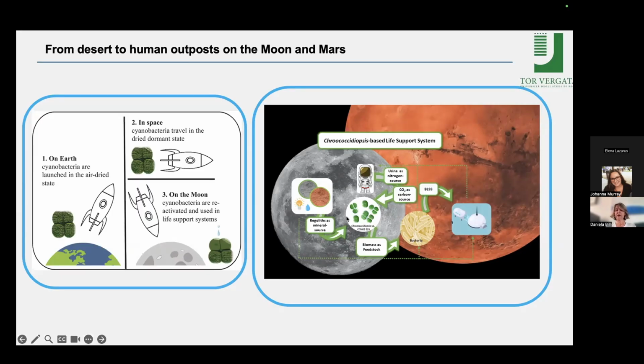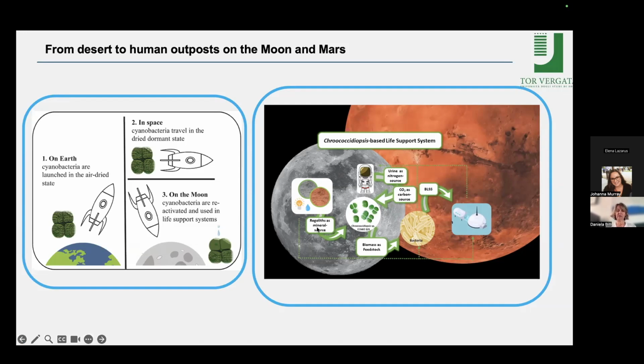In the case of desert cyanobacteria of the genus Chroococcidiopsis, they are not able to perform nitrogen fixation, so we use urine as a source of nitrogen. This is also very convenient because, in the field of bioregenerative systems, it means utilizing the waste from the crew.